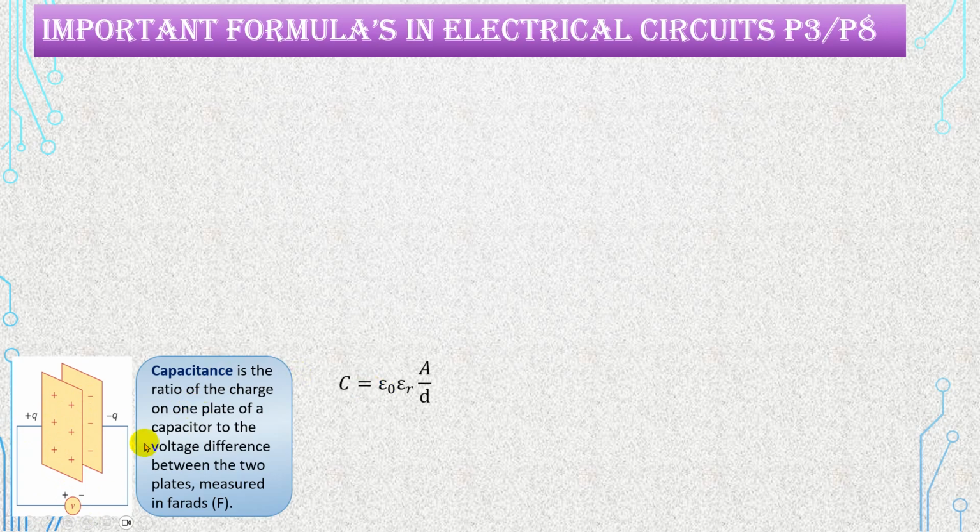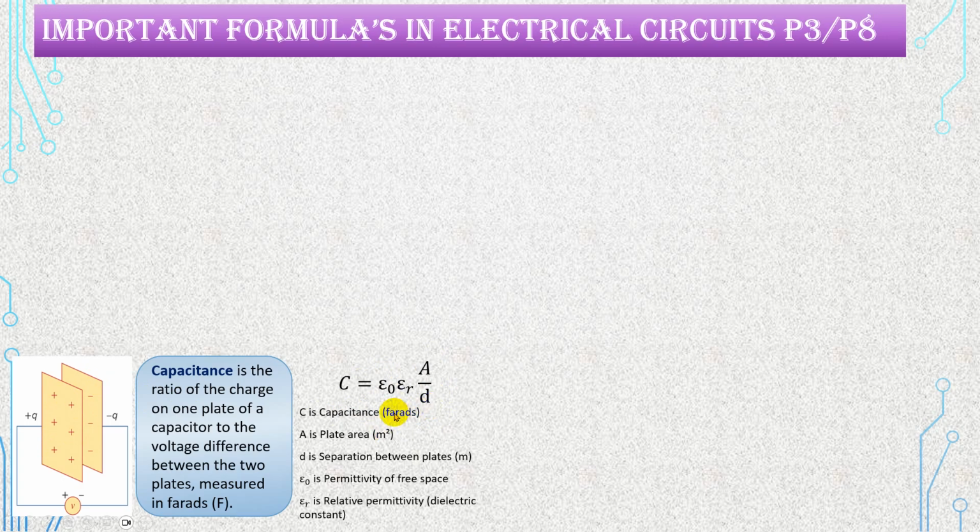Now, based upon its area and the distance between the plates, or how we categorize the capacitance based upon its structure, we can say C is equal to epsilon_r epsilon_0 A divided by d. A is the area and d is the distance. Here C is the capacitance, always measured in farads.